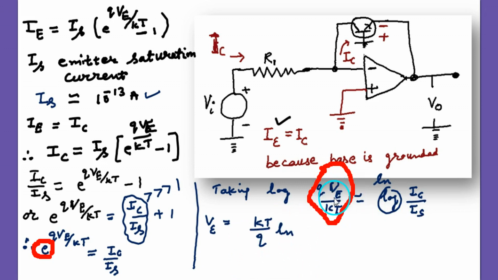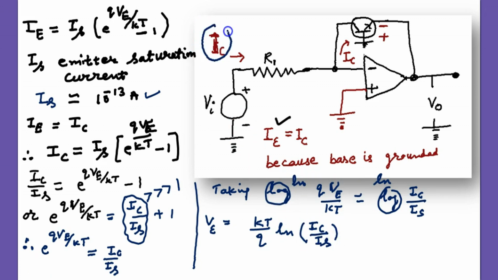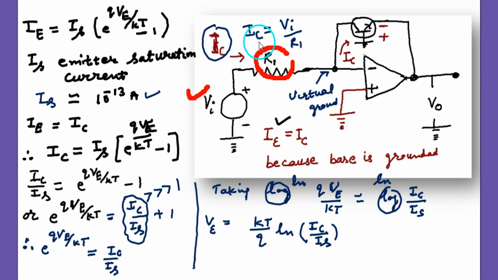Then we calculate the value of VE. VE equals... now here this is a virtual ground, so IC becomes this voltage divided by this resistance. So this is IC, because this is ground, meaning zero potential.